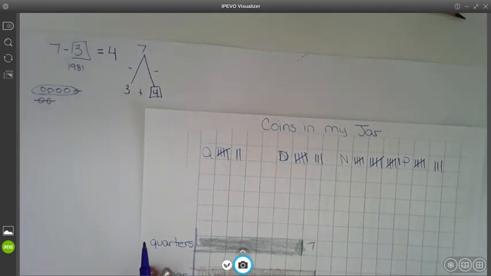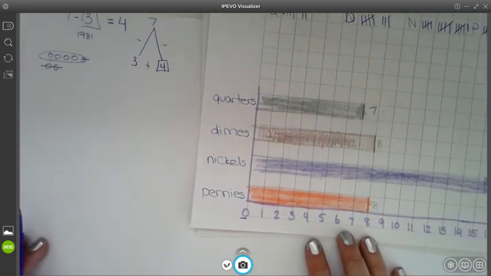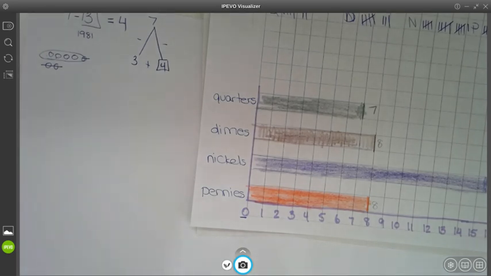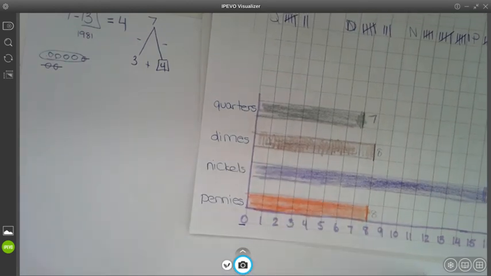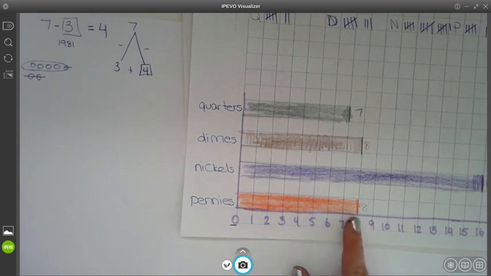Now let's pretend there was some information that was not on my graph. I actually had some half dollars, but I didn't graph them because I didn't have very many of them. So here's what I want you to think about. What if my question was, I have 2 more pennies than half dollars.